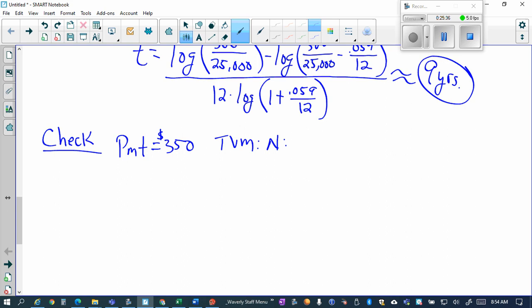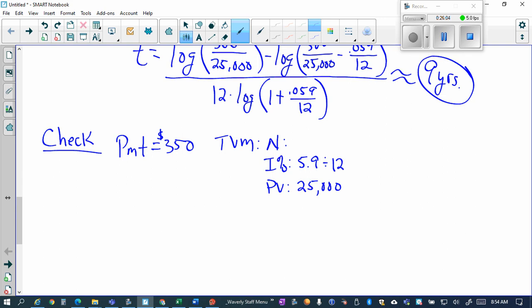And then the rate interest percent, you're going to have 5.9 divided by 12. Wait, why do we have 350 per payment? Because the check says what happens if you increase your payment by $50. Oh. The last one. Okay. Present value still 25,000.